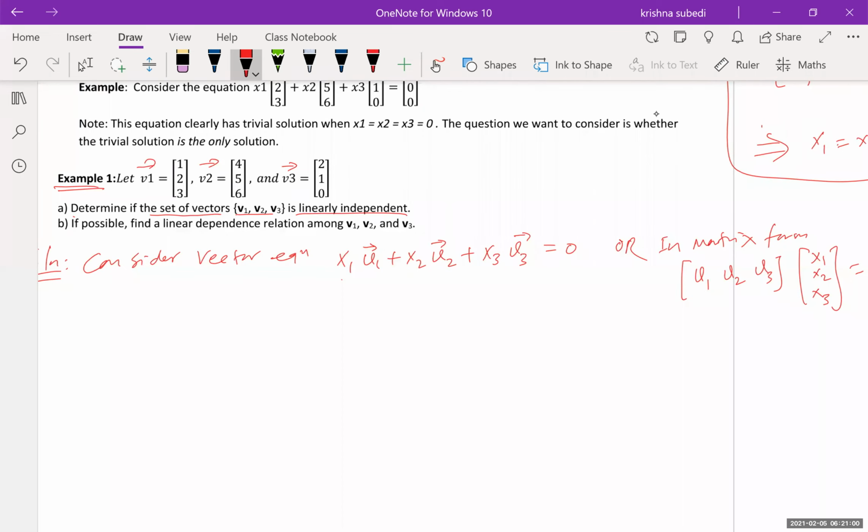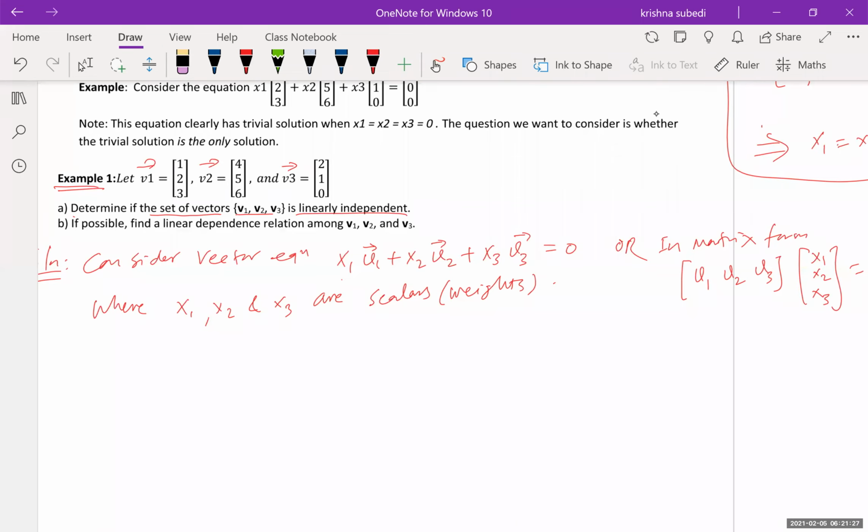I have not defined them. Let me define that: x1, x2 and x3 are scalars, or you can say weights. You can also write x1 v1 as simply 1 2 3.